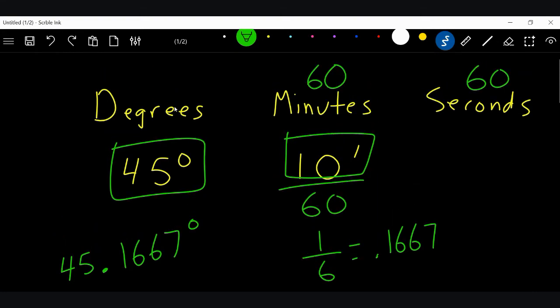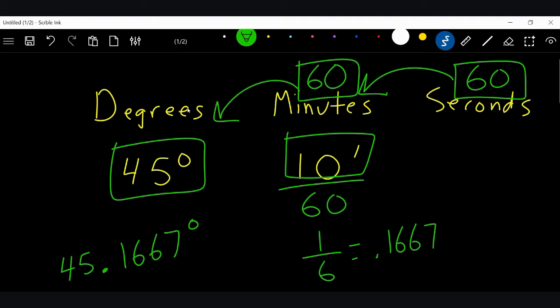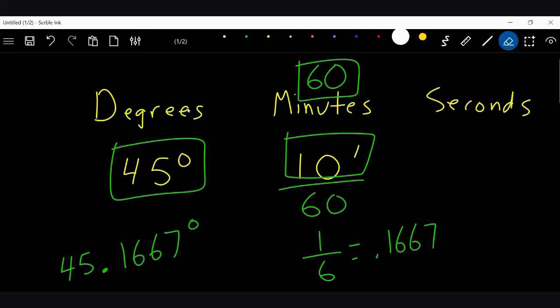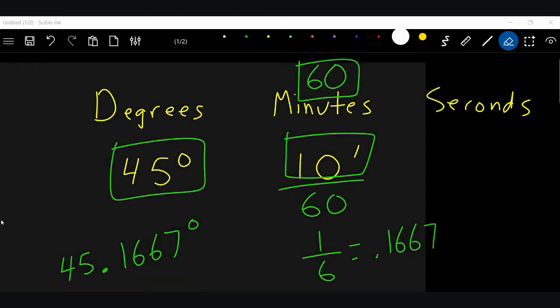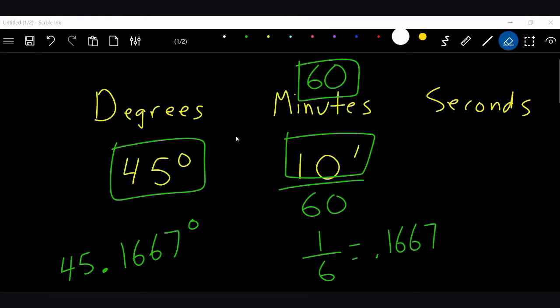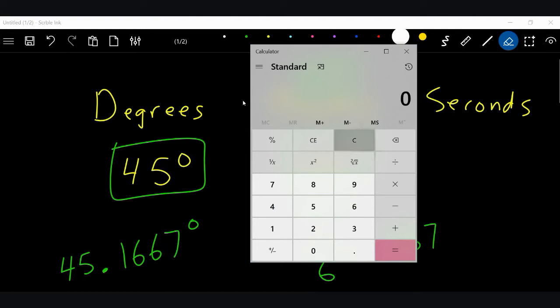Now, how do we do seconds? I said it's out of 60, and it is, but it's 60 parts of a minute, which is 60 parts of a degree. So really you have to do 60 times 60 here, okay? I don't want to say something wrong and then you all laugh at me because I'm the math teacher, but I do know the answer. 3,600.